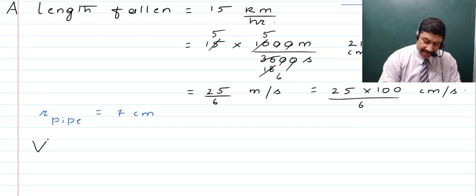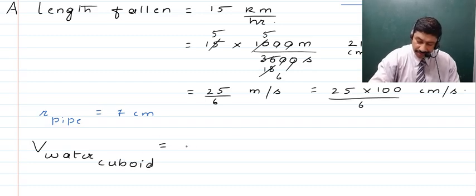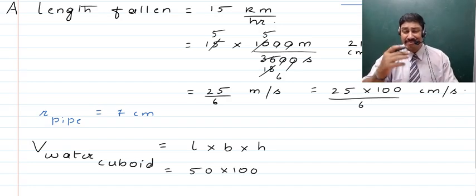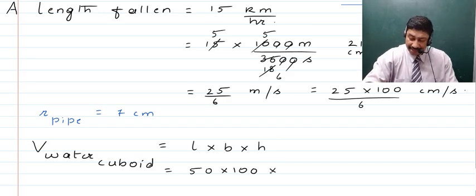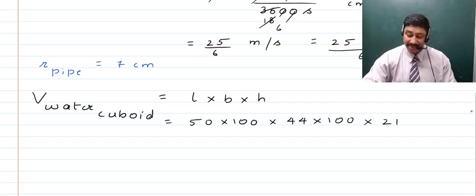So we will say that volume of water in the cuboid will become equal to length into breadth into height, and length has been provided to you to be 50, and you will multiply it by 100 because you've got to convert meters to centimeters, and further we will multiply this with the breadth, which is 44, and again we will multiply this with 100 as it was in meters and we require to convert this to centimeters, and then we will multiply it with the height, which is 21 centimeters, that's why into 21.